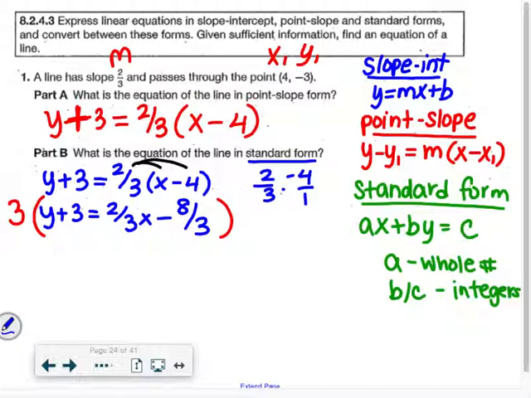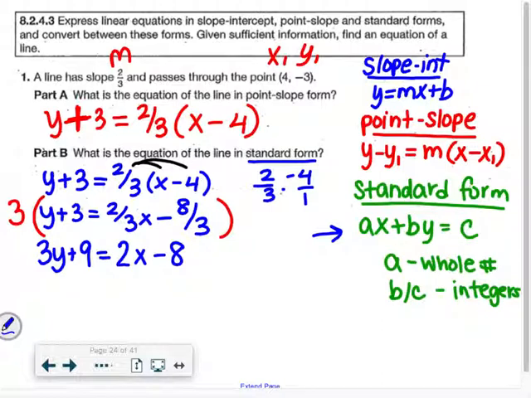So I multiply everything, and I get 3y plus 9. So don't forget, you've got to multiply the left and right-hand sides. Then 3 times 2/3 will cancel out the denominator and leave just the 2x. 3 times 8/3, again, cancels the denominator, leaves just the 8. Now we've gotten rid of our fractions. Now we've got to deal with the picky order over here.